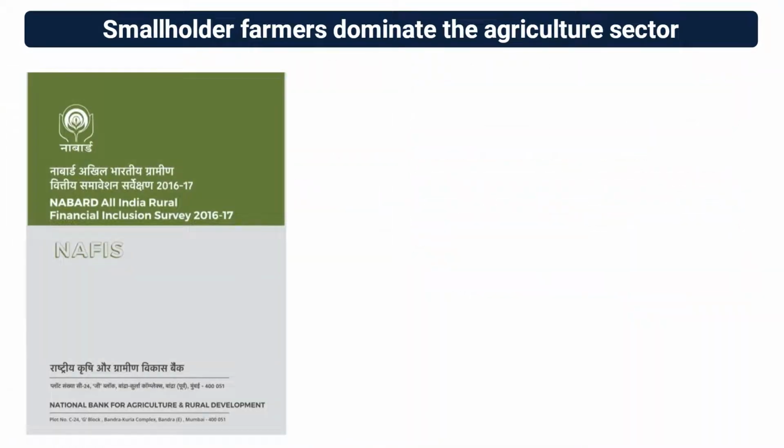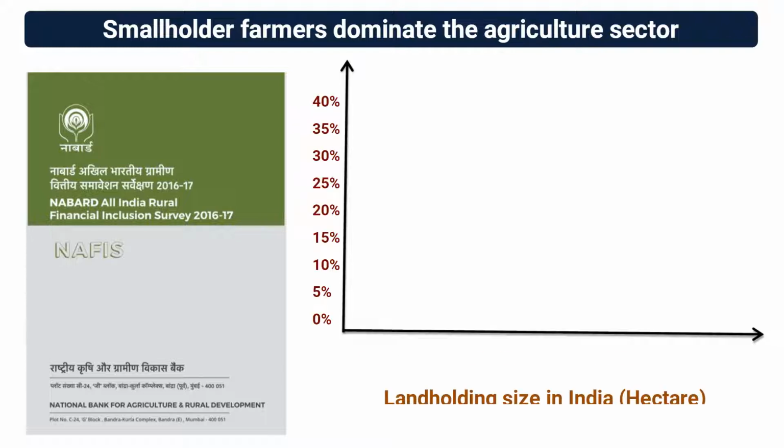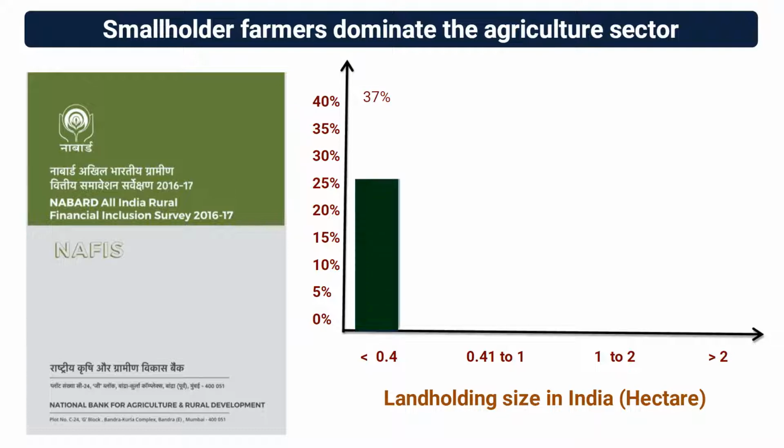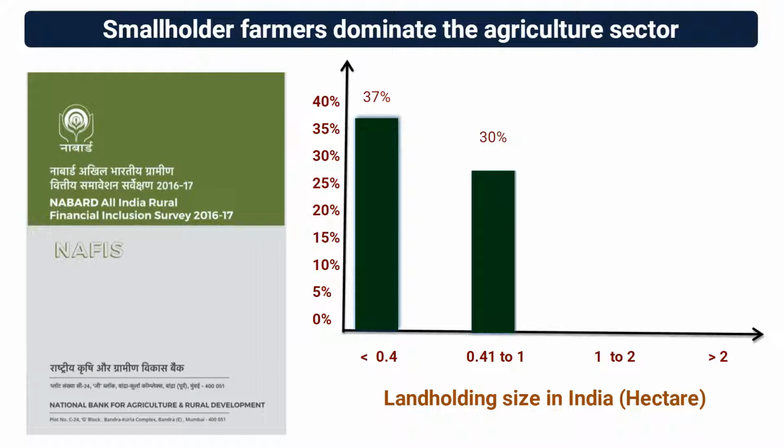The All India Rural Financial Inclusion Survey, conducted by NABARD in 2017, shows that 37% of farm households owned land parcels smaller than 0.4 hectare. Around 30% had land holdings between 0.41 and 1 hectare.